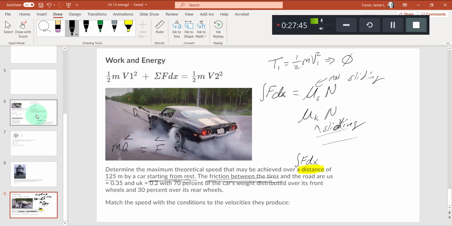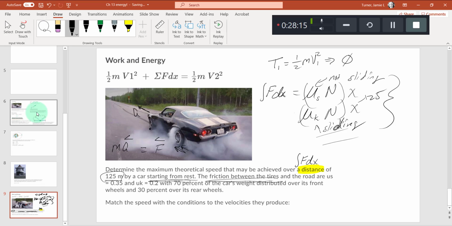Okay, so you're going to have some starting energy, some kind of a FDX. So this force is happening through some distance, right? 125 meters. This is 125 meters. And you want to see what the final velocity is going to be.